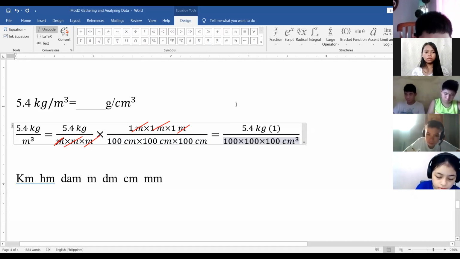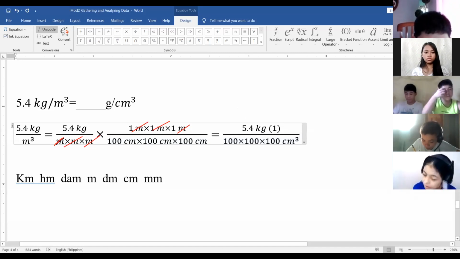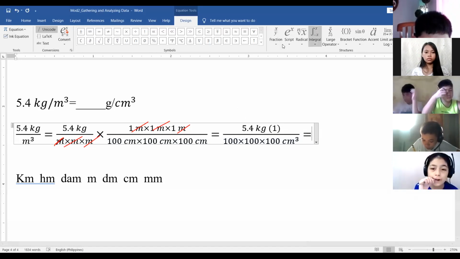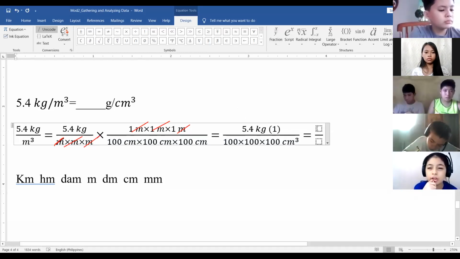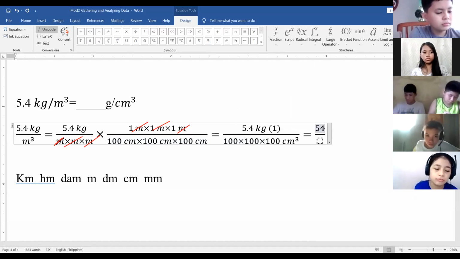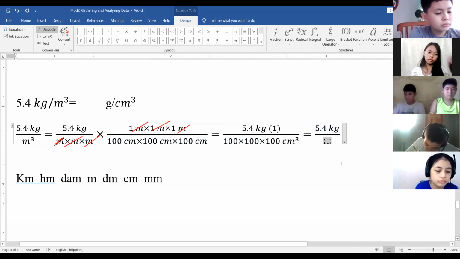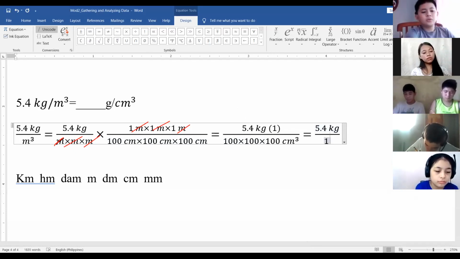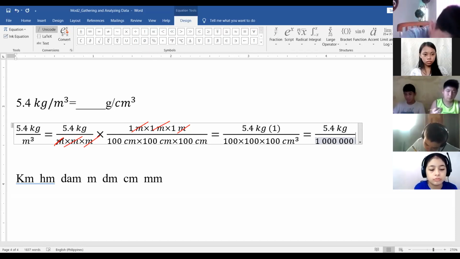Okay, three cm. So what is 100 times 100 times 100? What do you think is the result? The numerator is still 5.4 kilograms, but 100 times 100 times 100 is 1 million. 1 million cm cube.